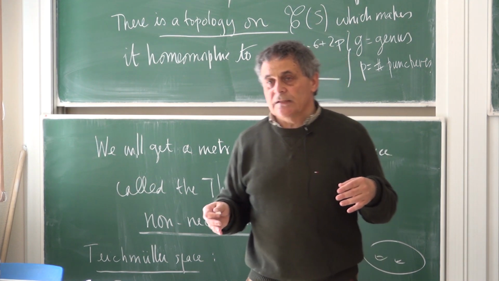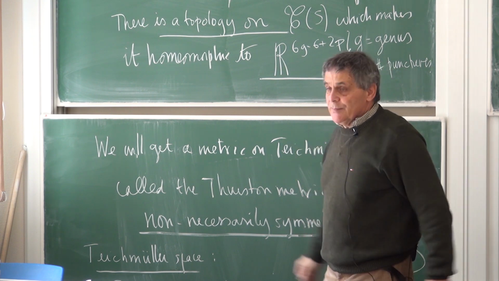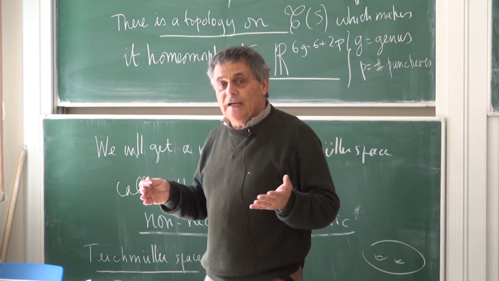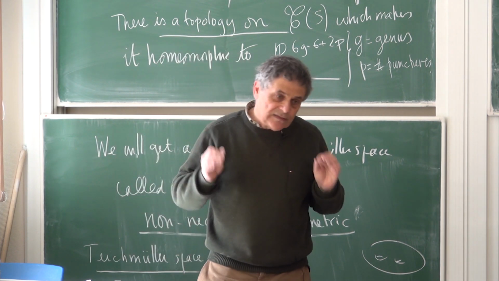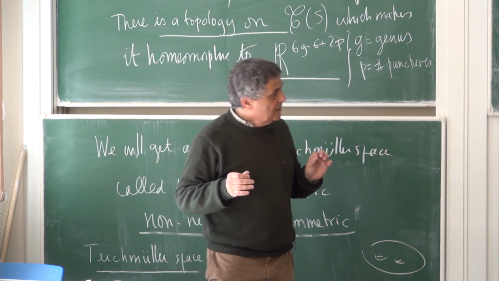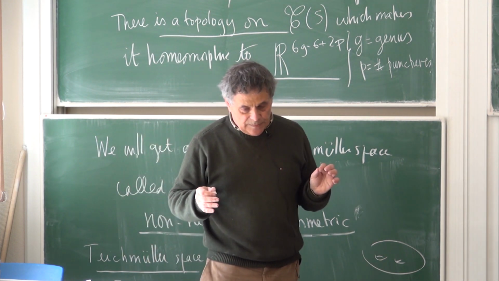And one of the questions when people deal with Teichmüller spaces for surfaces of infinite type is to understand what is the right topology we are talking about. And a question is to compare various topologies on this space.